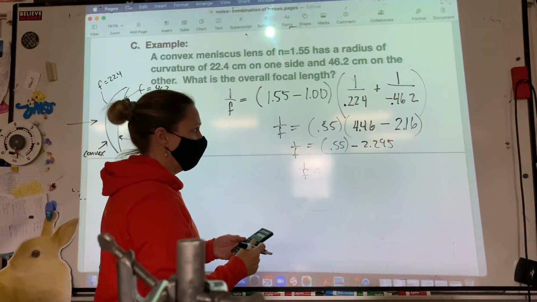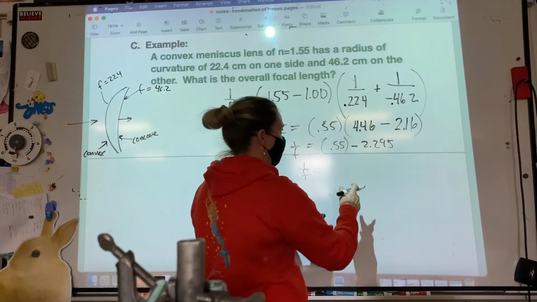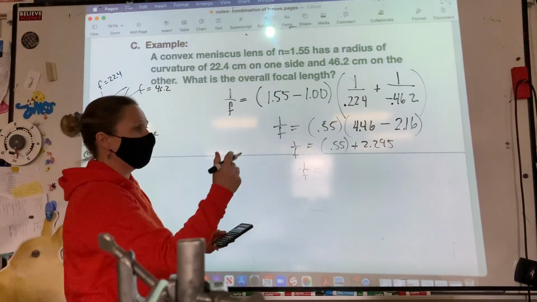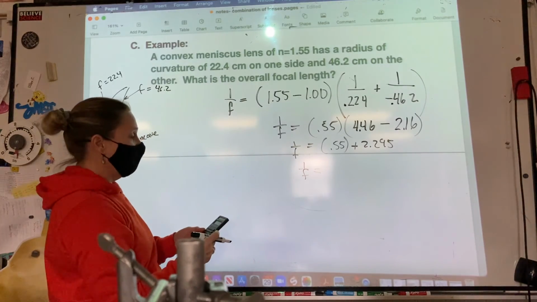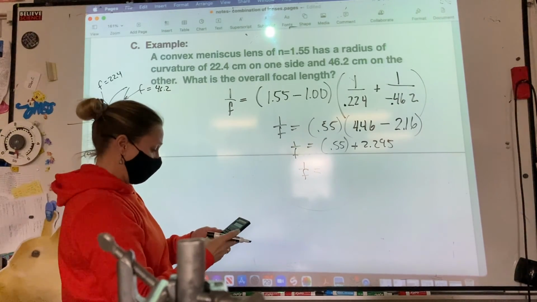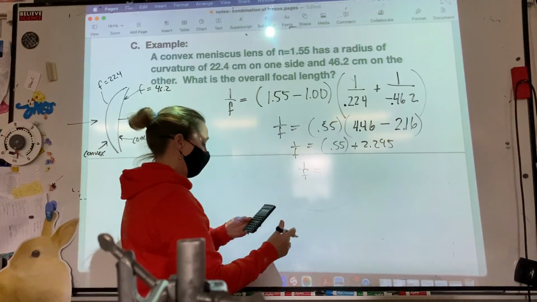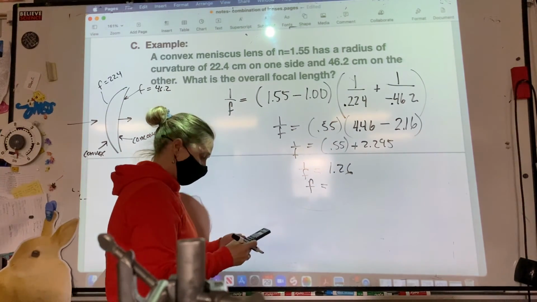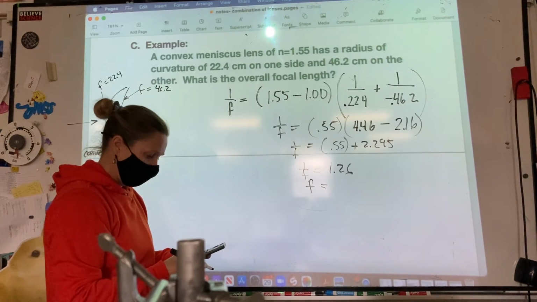Did I do that? No, I didn't. Okay, sorry. I entered it because the last number was in my calculator. I was bad. Okay, so then we times it by 0.55. And then take the reciprocal. Do I have a 1 over x?